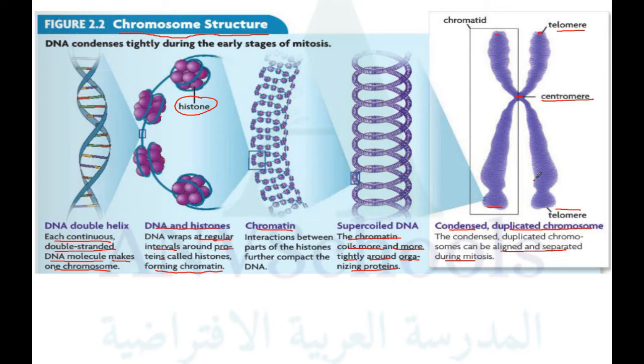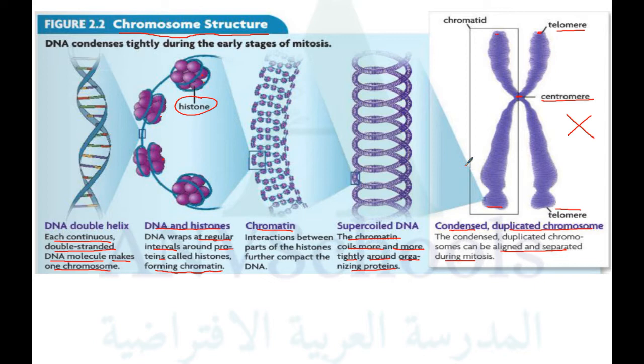Thus, the chromosome looks similar to an X, as you can see here in the diagram, in which the left and the right halves are two identical DNA double helixes.